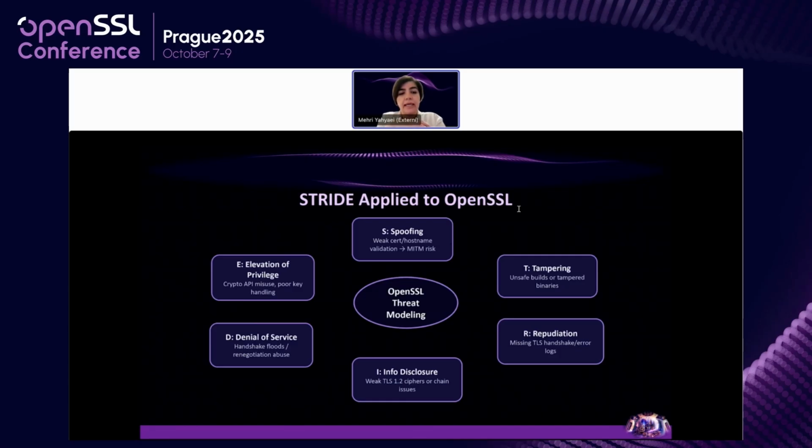And the last one is elevation of privilege, which is related to API misuse or insecure key handling. By this mapping of STRIDE to OpenSSL components, we can pinpoint both technical and operational controls in the evaluation procedures.